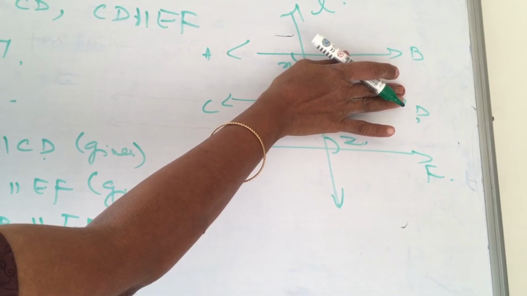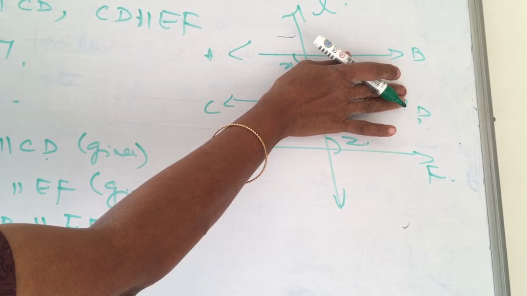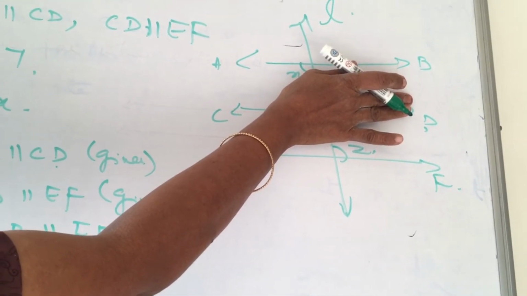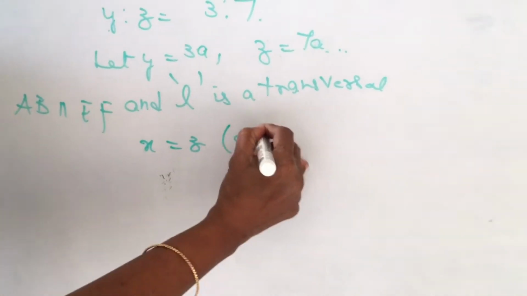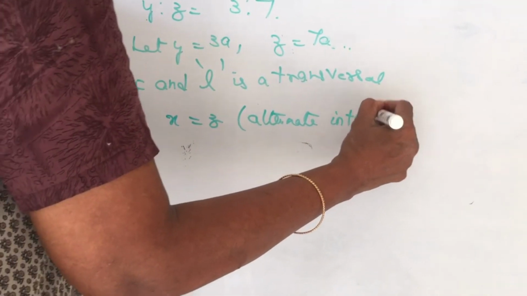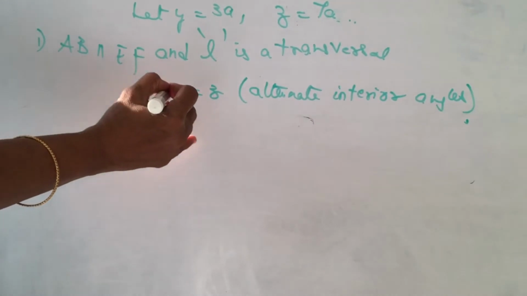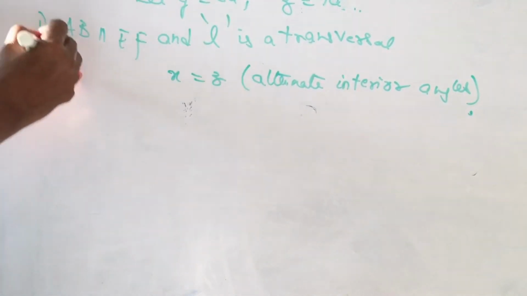What angles are X and Z? Can you identify? They are alternate interior angles. X is equal to Z. What is the reason? Alternate interior angles.